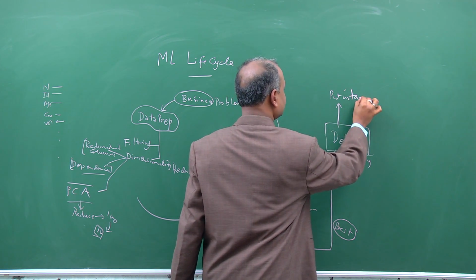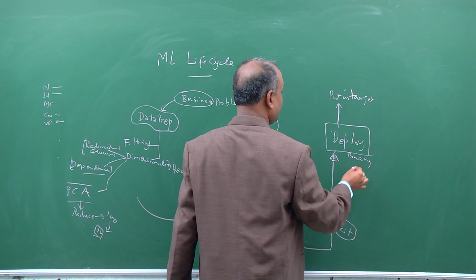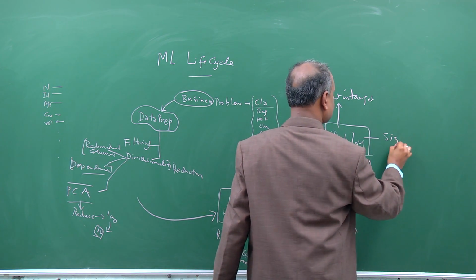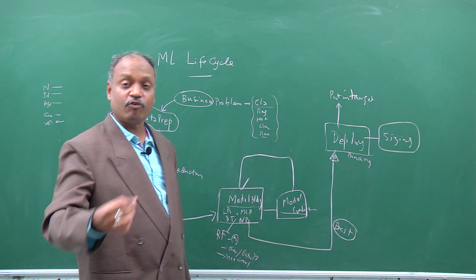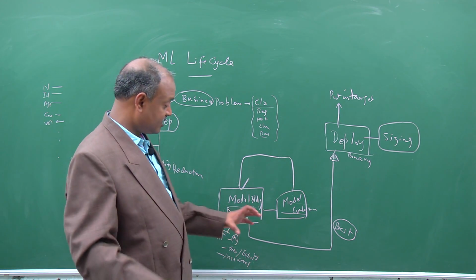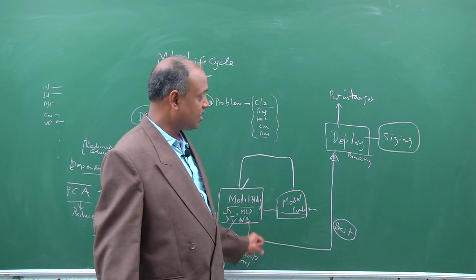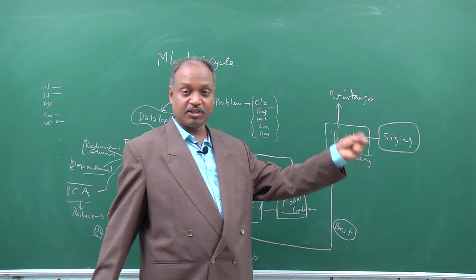When you put it in your target system for deployment, you may have to do things like sizing. Suppose you created a fraud detection algorithm in the form of a random forest classifier, and it flags whether something is fraud or not.